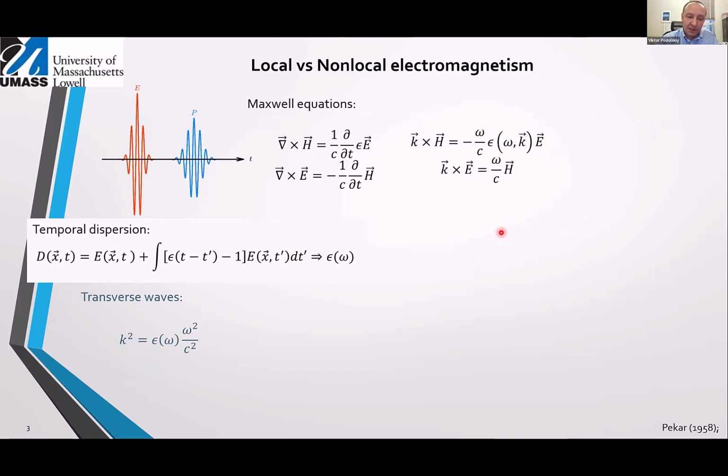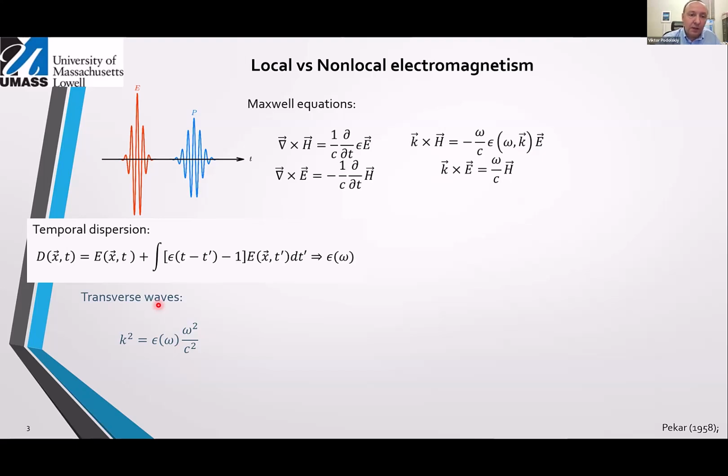And we notice that if we assume that the fields inside materials are like plane waves, then those waves have to be transverse, because as you can see, electric field is perpendicular to wave number and magnetic field, and likewise magnetic field is perpendicular to wave number. And then we know that wave vectors and frequencies are related through permittivity through what is called dispersion relation.